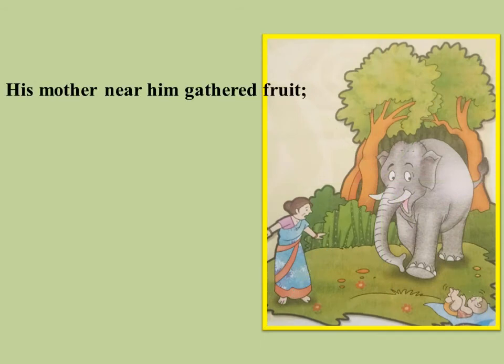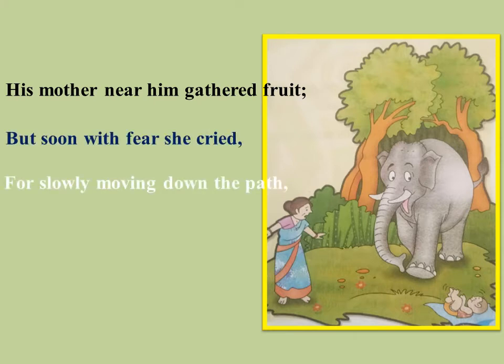His mother near him gathered fruit, but soon with fear she cried. For slowly moving down the path, the elephant she spied. His mother was there near him. What was she doing? She was gathering fruits.